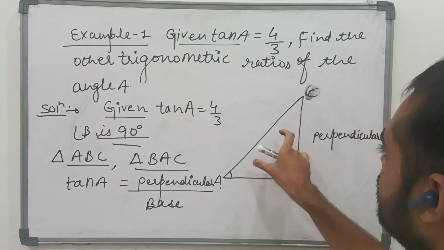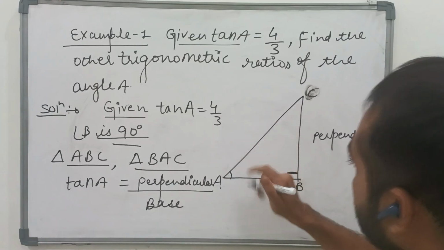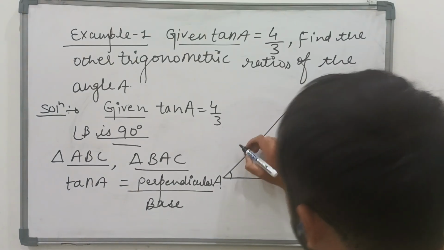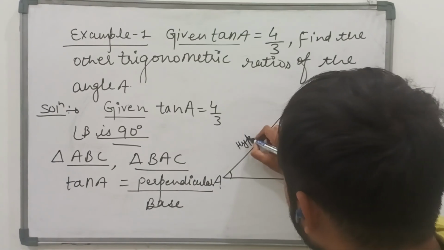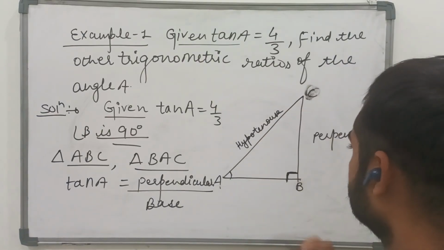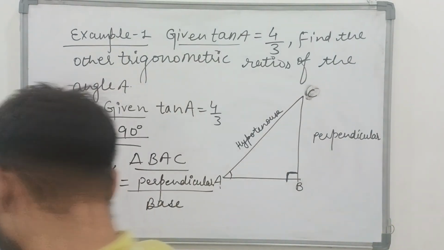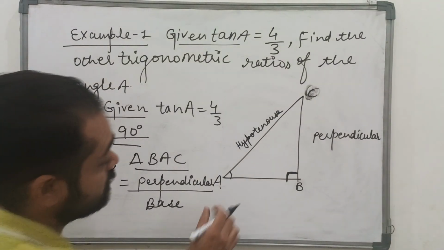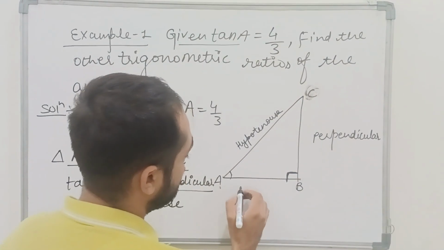Both of the other sides are big sides. This big side AC is also called the hypotenuse. Now this is AB. The remaining side AB is called the base.